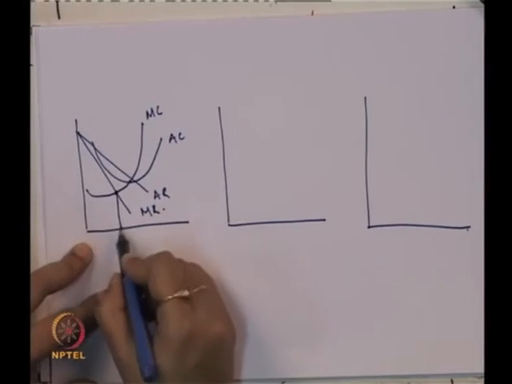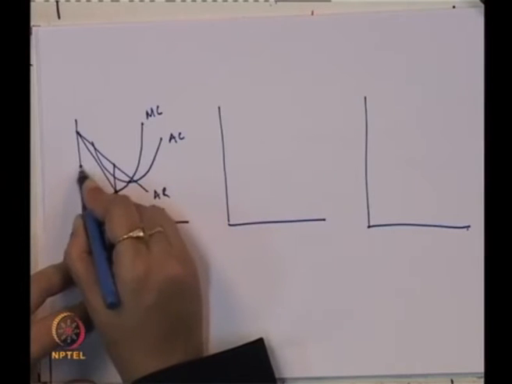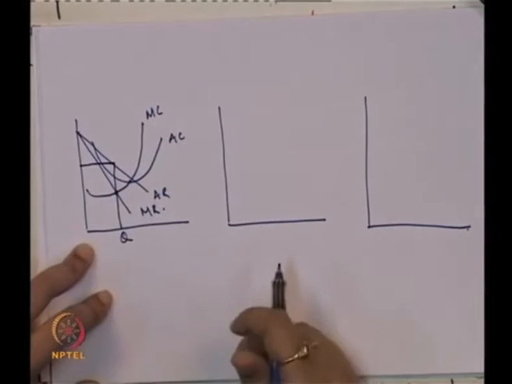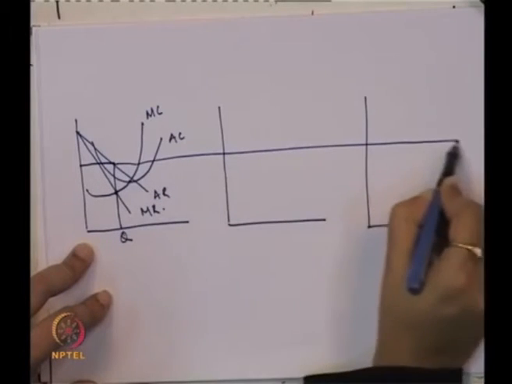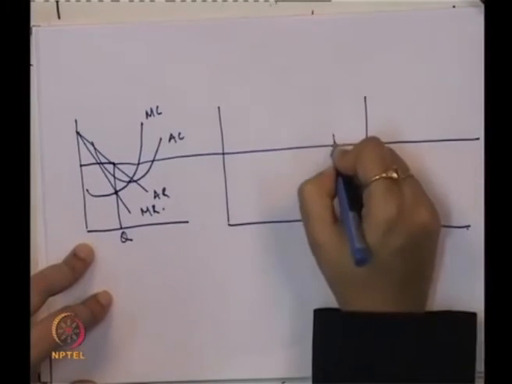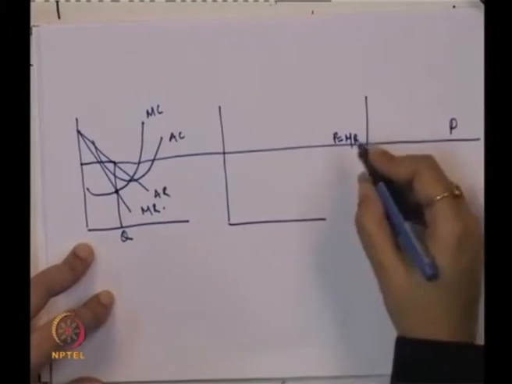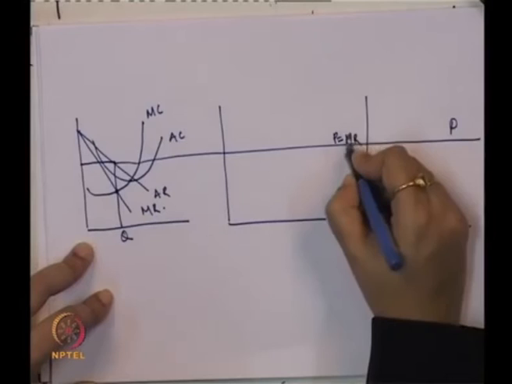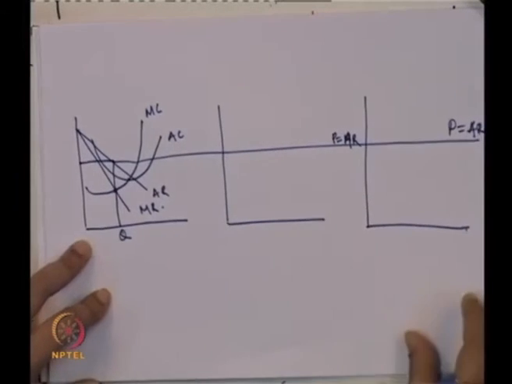From here we can find the equilibrium quantity and equilibrium price. Okay. So, this price has to be followed in both the plants. So, this is again P is equal to MR and P is equal to AR, and here it is again P is equal to AR.